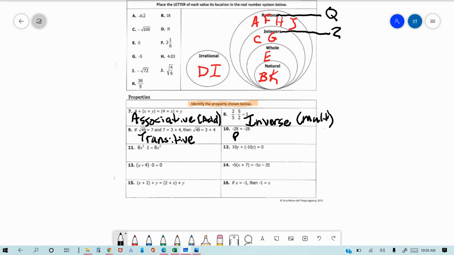Number 10 is reflexive. Number 11 is identity of multiplication. Number 12 is inverse of addition.